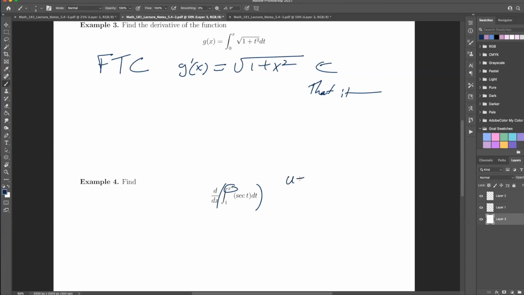I'm going to let u equal x to the fourth. And this is going to be a little bit of a preview of 5.5. So I'm going to let u equal x to the fourth. And so here, I'm going to go from 1 to u of secant t dt.